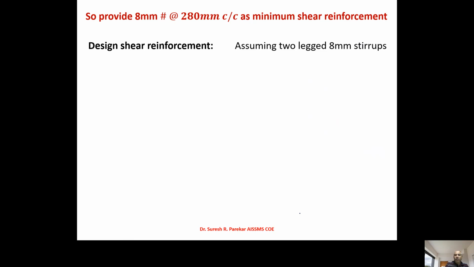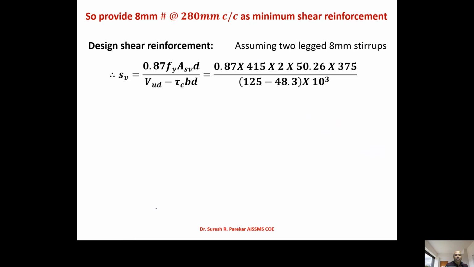Assuming two-legged 8 mm stirrups, we have the formula Sv equal to 0.87 fy Asv d upon (Vud minus tau c b d). This Vud minus tau c b d is nothing but Vus. We consider Vud as 125, and tau c b d we calculated as 48.3, which is in kilonewtons, so we make it in newtons. Then 0.87 fy, with fy 415, Asv 2 into 50.26 because we have two legs, and d is 375.